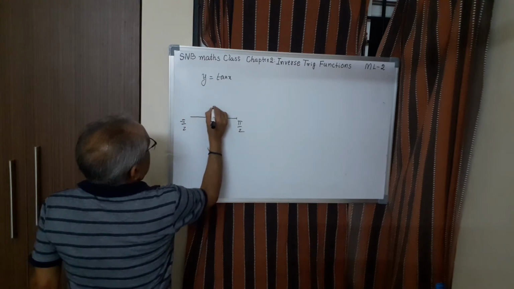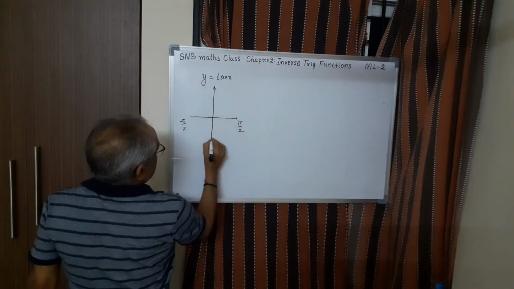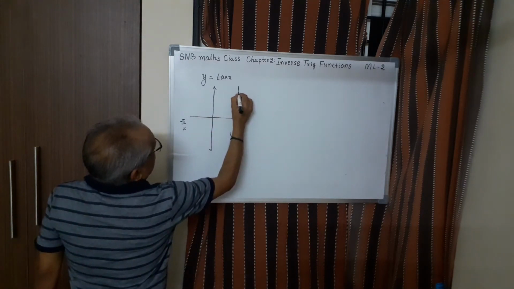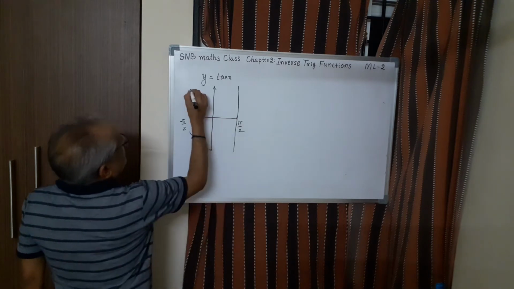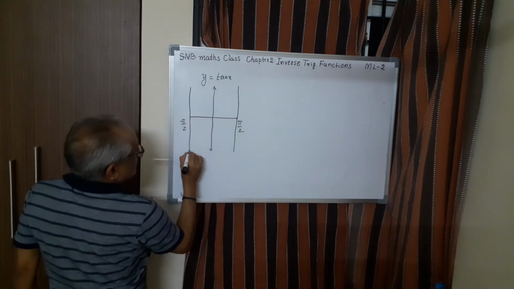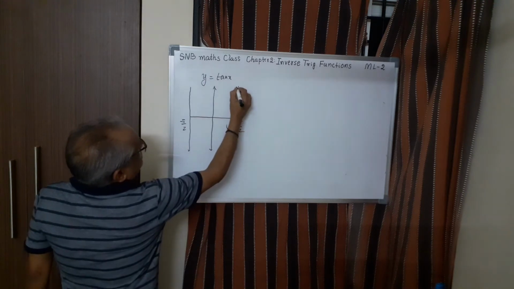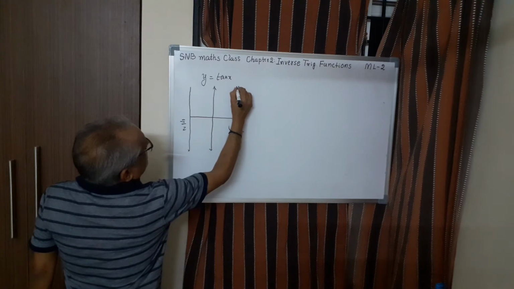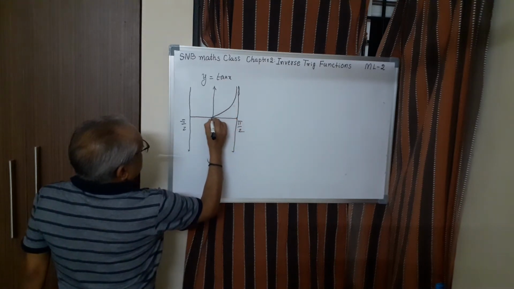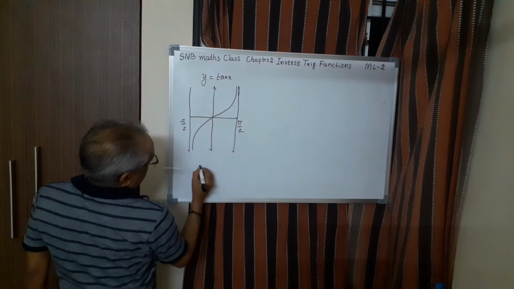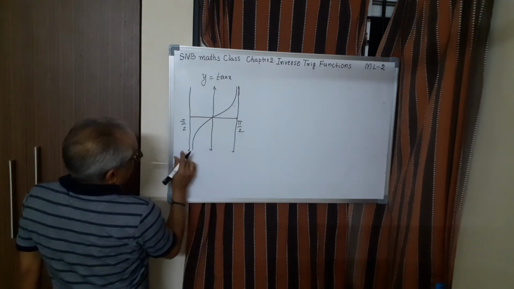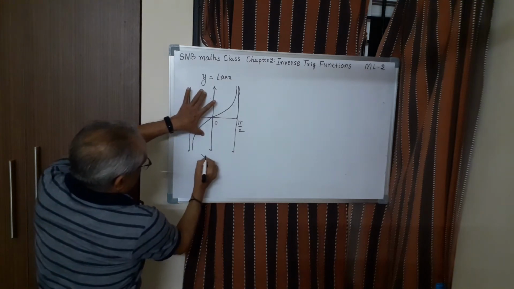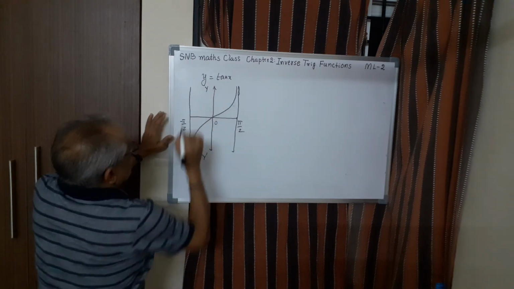The y-axis, of course, I have to take the entire y-axis because the codomain is R only. So here just draw a line, and here also draw one more line. So the tan function is now, sorry, it should not touch this line. So it should come like this, then like this. So this is the tan graph. So it is minus pi by 2 to plus pi by 2. Of course, this is 0. This is the y-axis, y dash and y. So this is the graph.